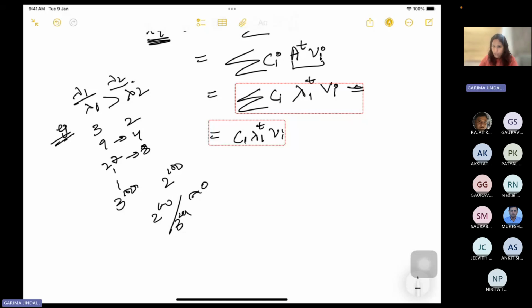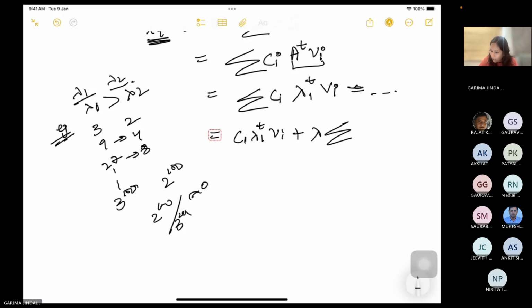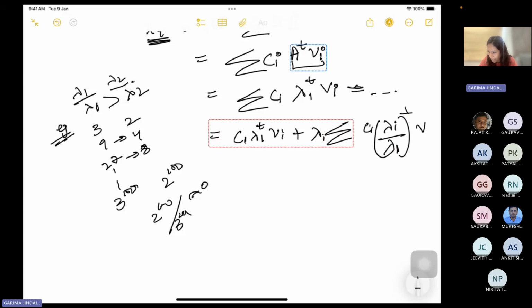Okay, so this equation can be expanded as Ci lambda 1 raised to power t Vi, plus the summation of, let me take the first eigenvalue outside, Ci times lambda i over lambda 1 raised to power t Vi.